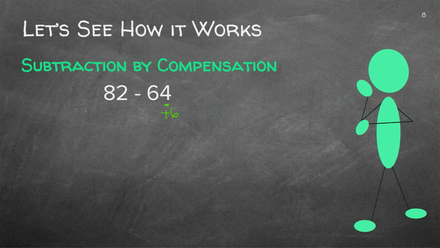It will go up to 70, but what I did with the one number, I have to do to the other number. So I have to plus 6 on this side as well. And now I can say 82 plus 6 is 88, minus 64 plus 6 which is 70. So 88 minus 70 will give you the answer of 18. And that's how easy it is.